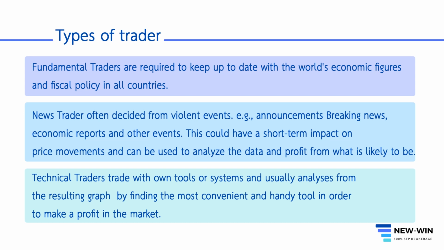These could have a short-term impact on price movement, and news traders analyze the data and profit from what is likely to happen. Technical traders trade with their own tools or system and usually analyze from the resulting chart, finding the most convenient and handy tools in order to make a profit in the market.